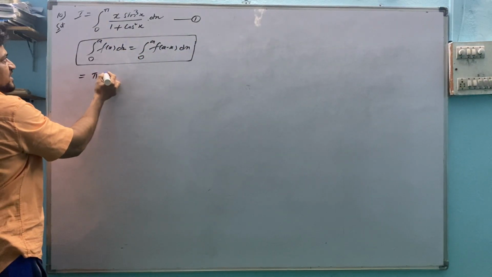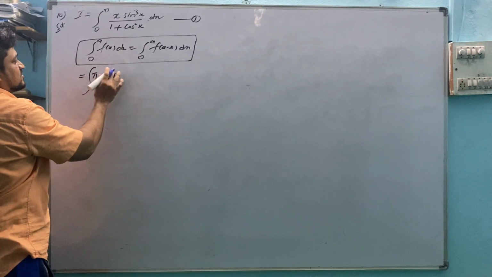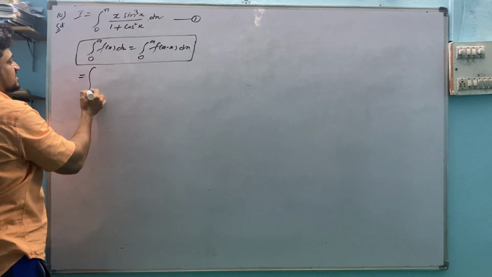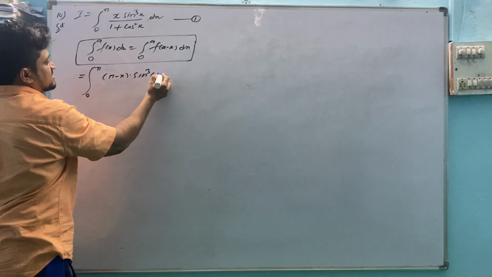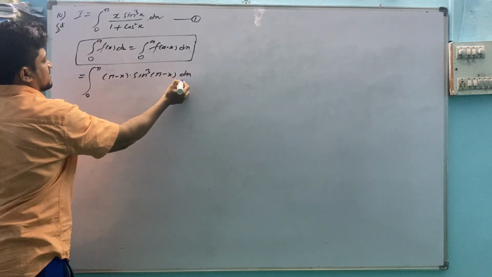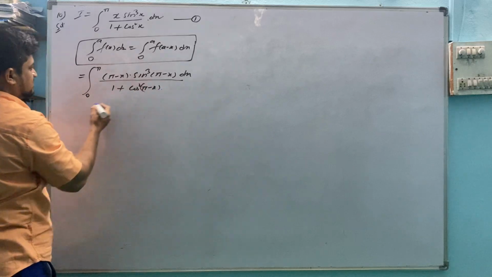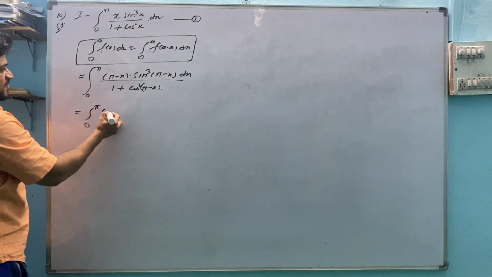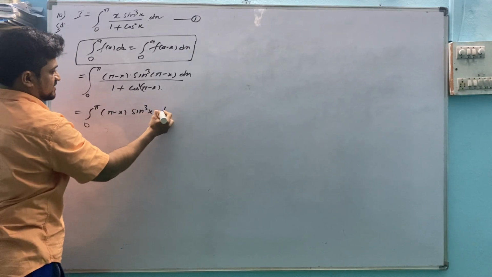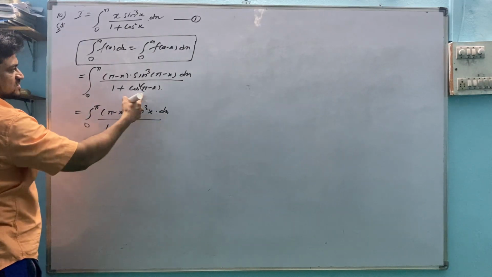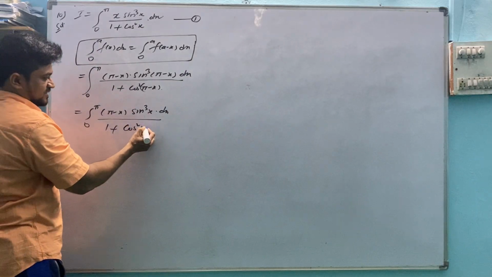So integral 0 to pi, pi minus x into sin cube of pi minus x by 1 plus cos square of pi minus x. 0 to pi, pi minus x into sin cube x, since sin 180 minus theta is sin theta, by 1 plus cos square x, because cos of pi minus x is minus cos x, and because it has a square, it is positive only.